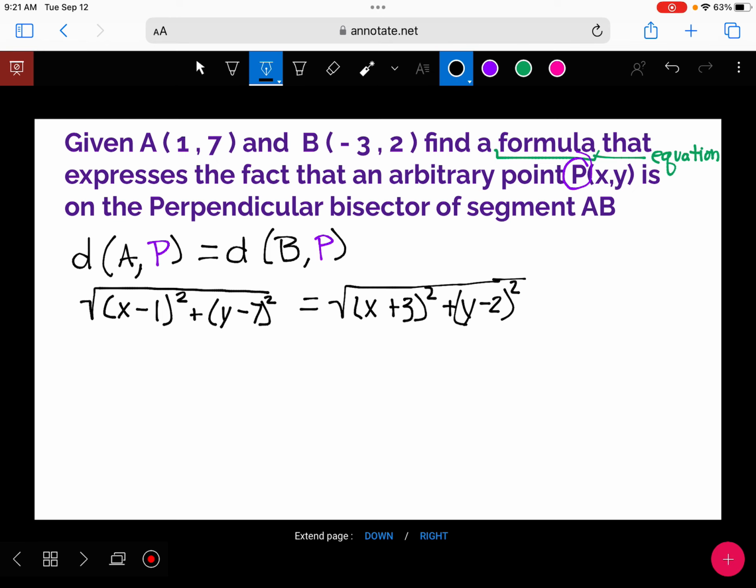Okay? You see all the pieces? This paragraph means build this obnoxious sentence. We want to know when the distance is the same.